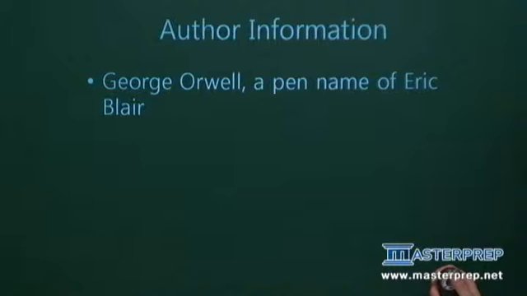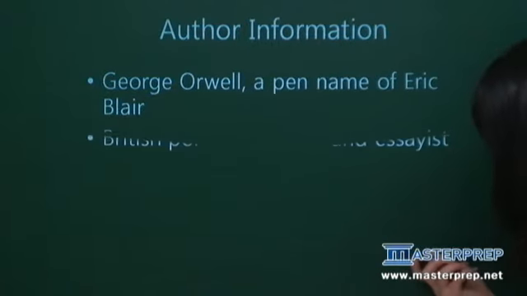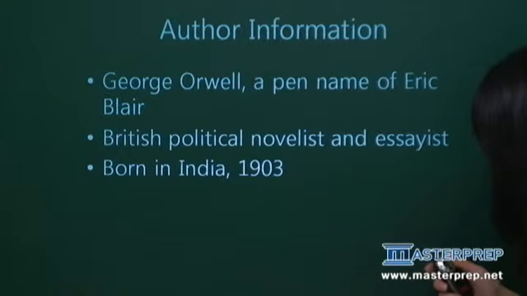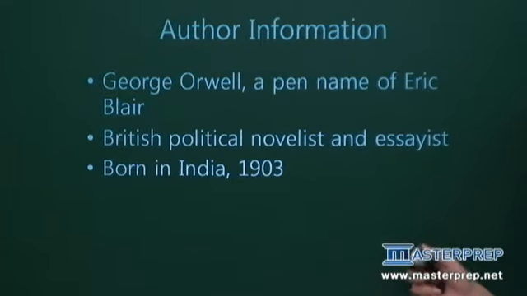The name of this author was George Orwell, and his real name was Eric Blair. Now, Eric Blair was a British political novelist and essayist. He was British, but he did a lot of things, including being born in India in 1903 and going through a lot of experiences.